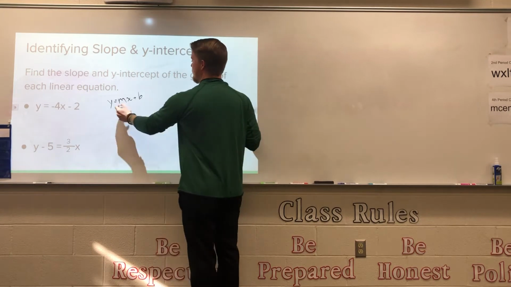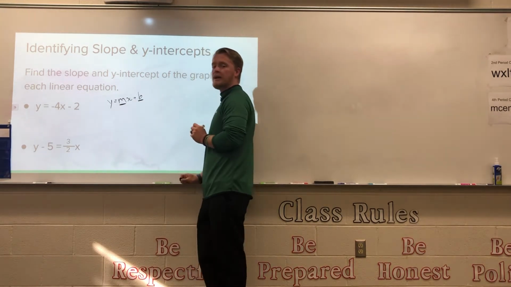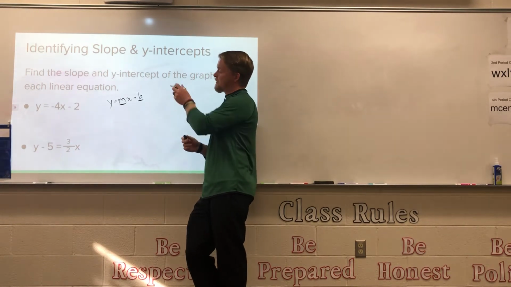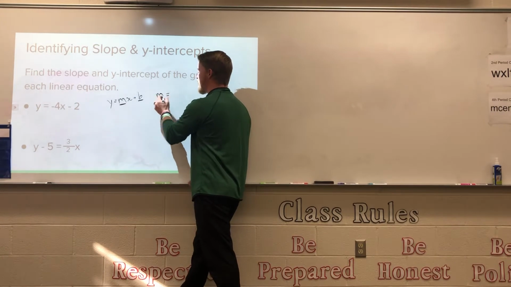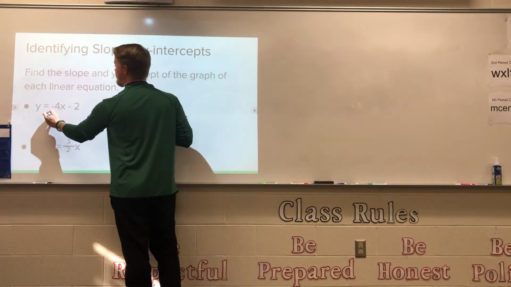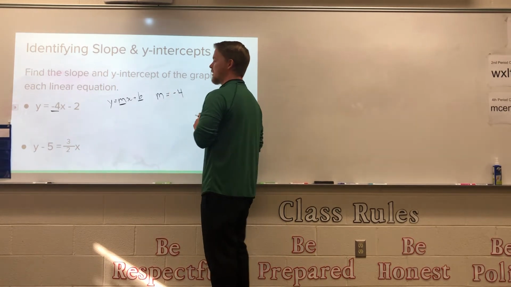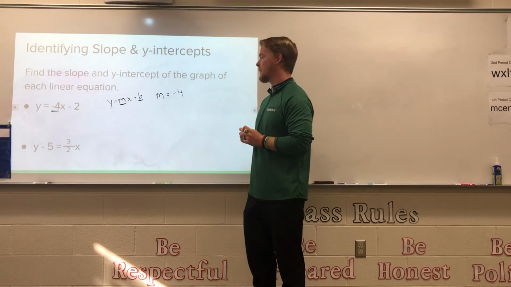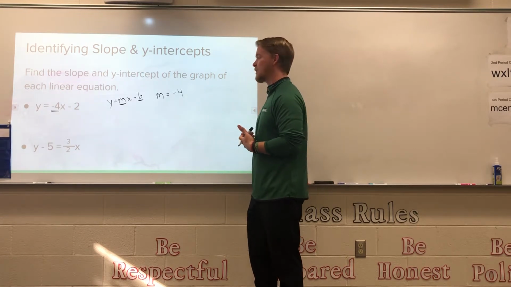Remember, m is your slope, b is your y-intercept. So in this first bullet, my slope, my m, would equal what's in that m position, which is -4. So m equals -4. Again, this is a very straightforward example, but you do need to be able to identify them so that you can use them.